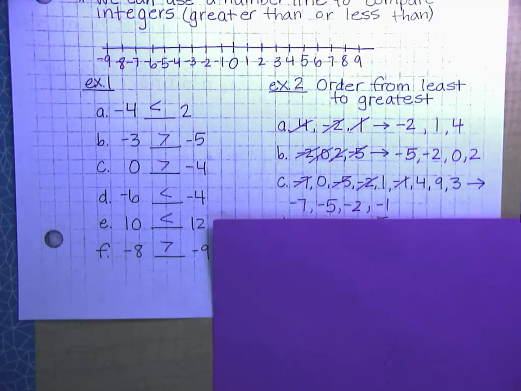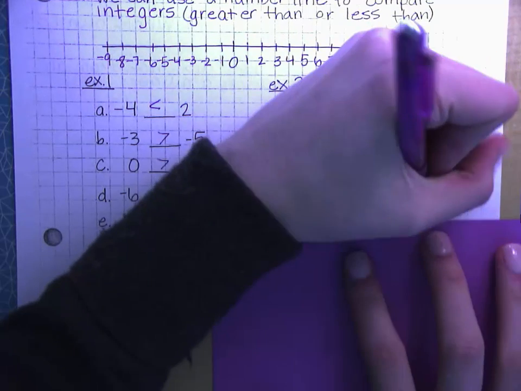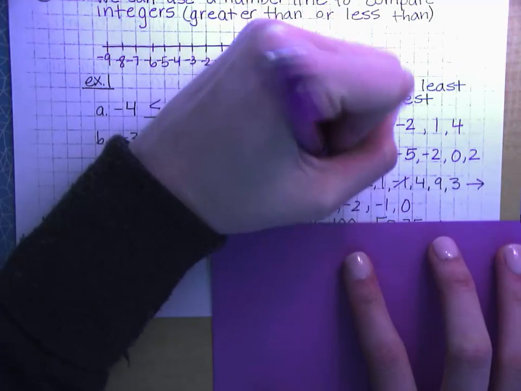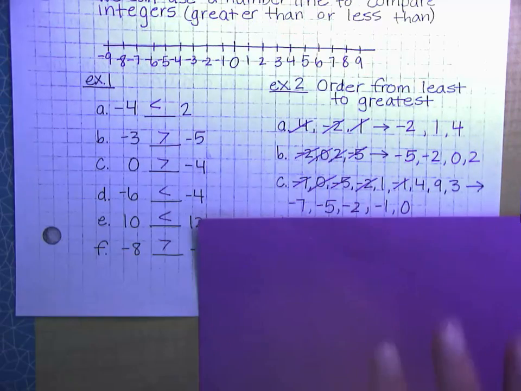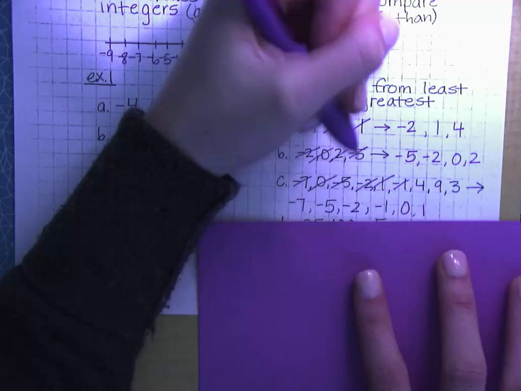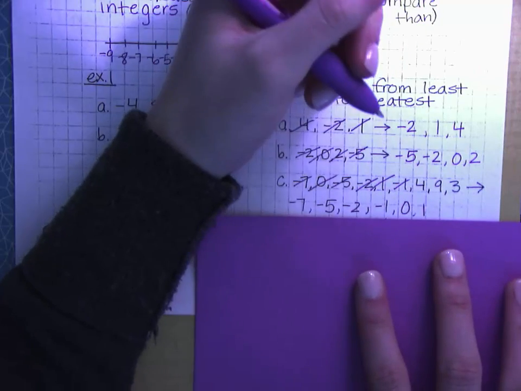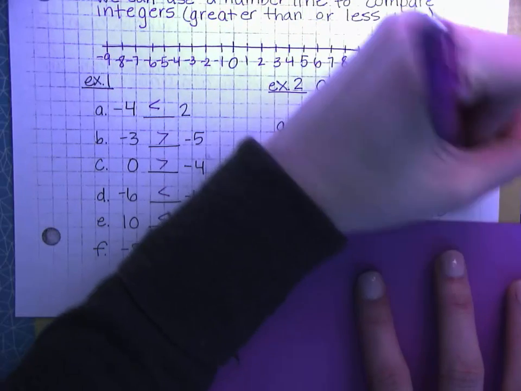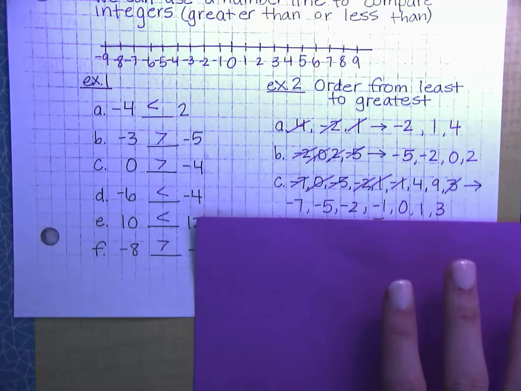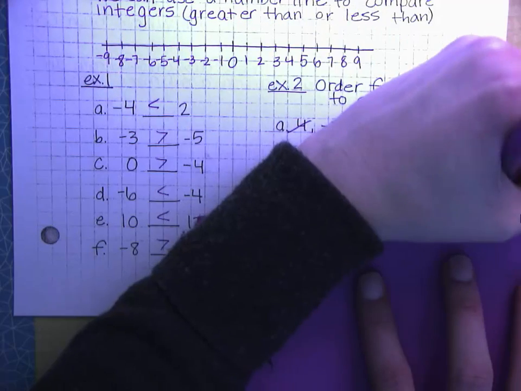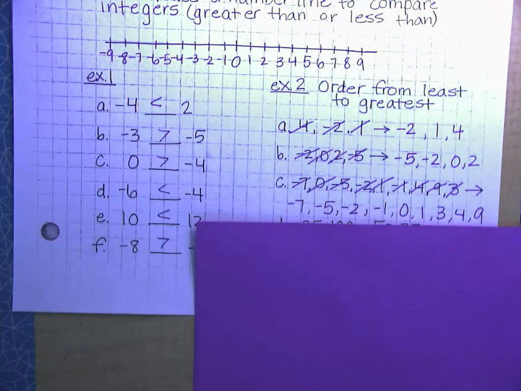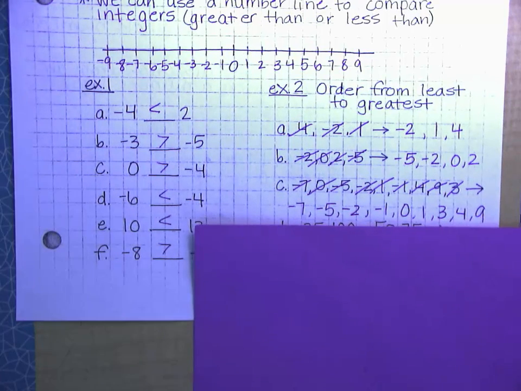Not quite. 0 is going to come next. Then after 0, positive 1. Then what's next? 3. And then 4. And what's our biggest number? 9. Okay? So we just ordered those from least to greatest.